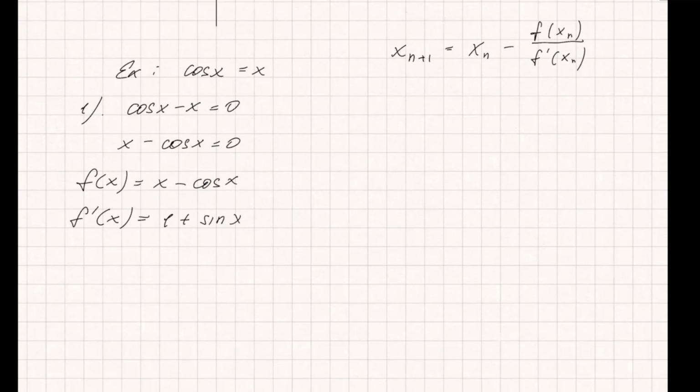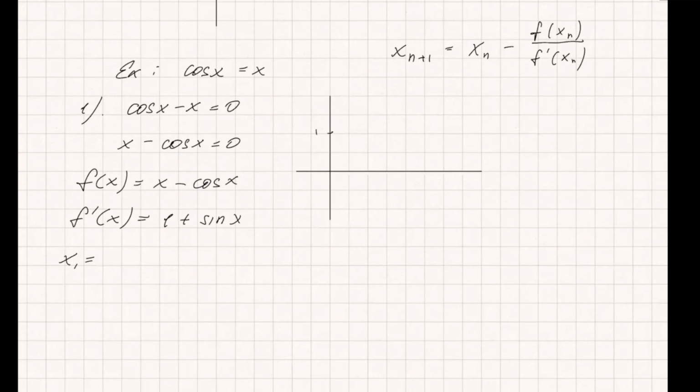Now choose x1. How can we choose if we're not given any restrictions or the domain or interval or anything? A good rule of thumb not to be far away from your actual solution would be to draw a cosine function and an x function and see where they approximately intersect.